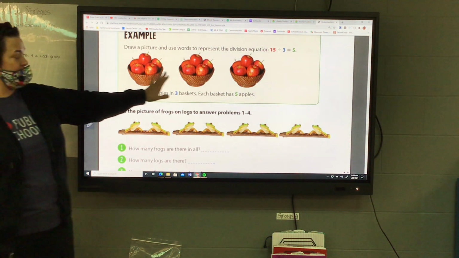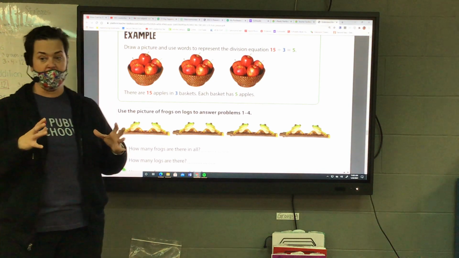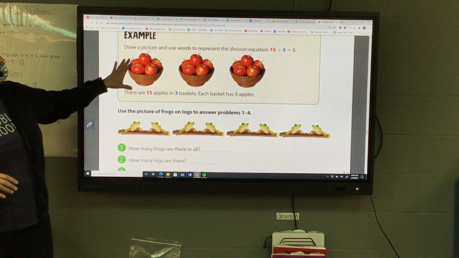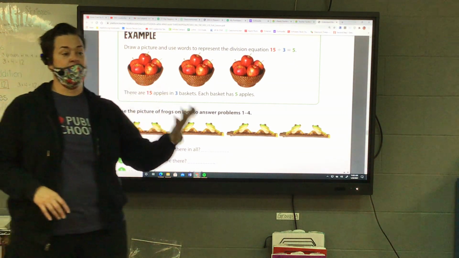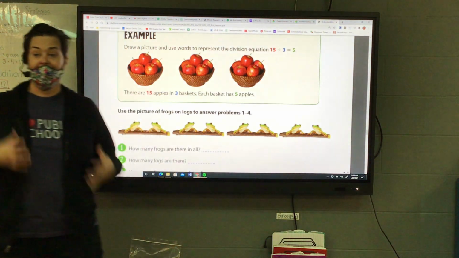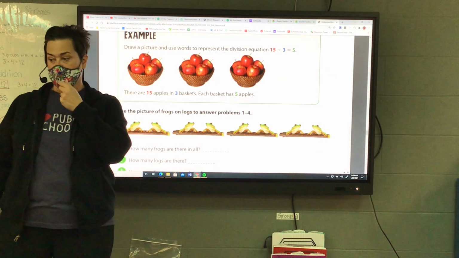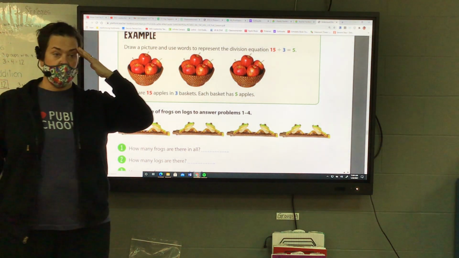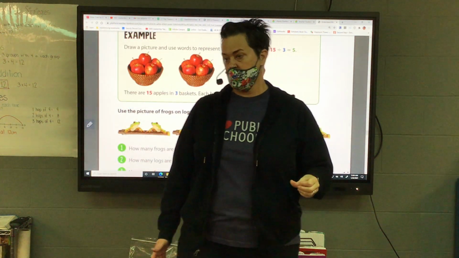The way they have this picture drawn, 15 is what we start out with all together. They're broken into 3 equal groups, and there are 5 in each group. That's how you would write it in words. It's a lot of writing, but the more you write, the better you remember things.